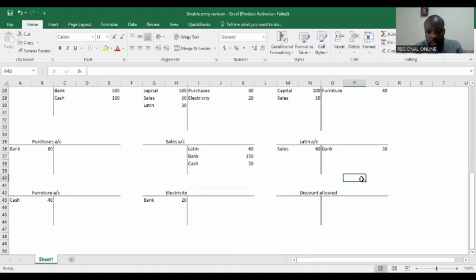Discount allowed is an expense, so if an expense increases, you debit 5. And Latin will reduce because it's been given that discount. So we credit Latin. That is an asset, and if an asset reduces, you credit by 5.